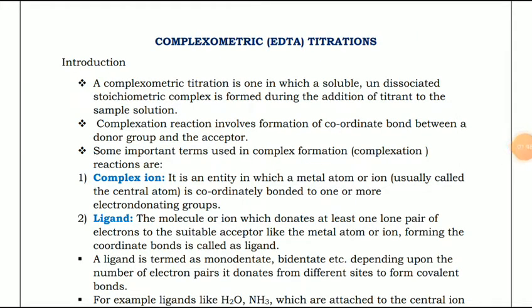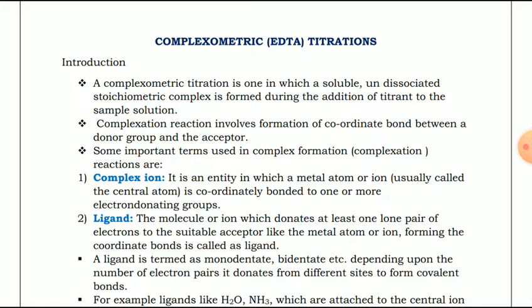A complex symmetric EDTA titration is one in which a soluble undissociated stoichiometric complex is formed during the addition of titrant to the sample solution. I told you the example of magnesium sulfate and EDTA.